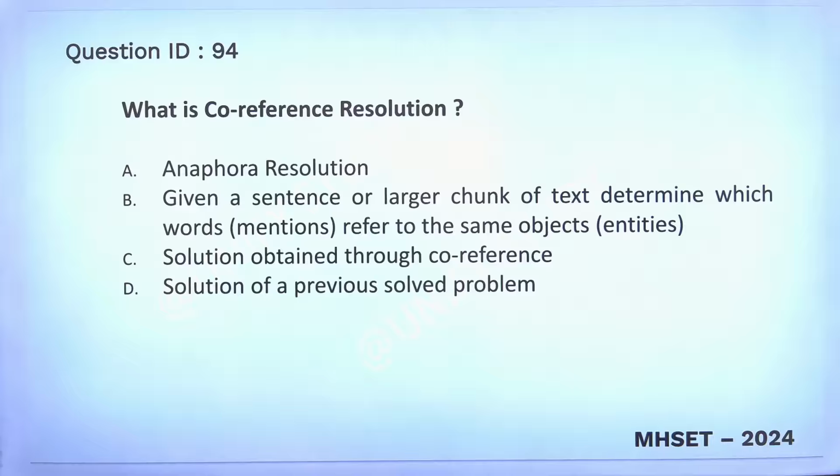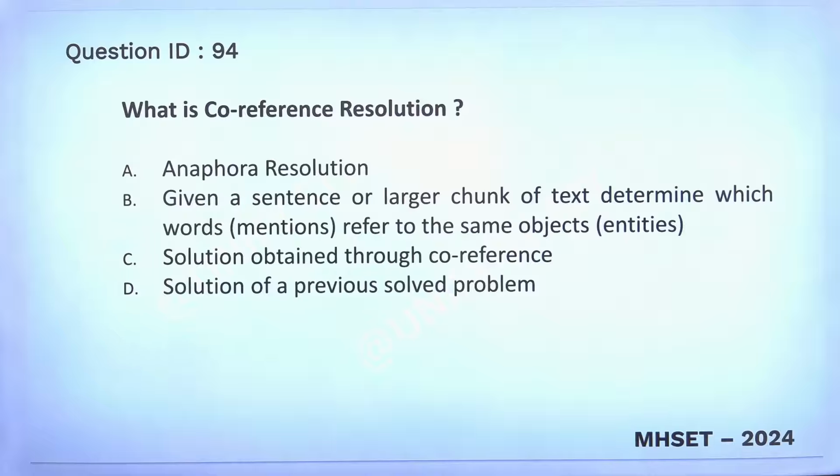Read, think and answer. What is co-reference resolution? Very good.